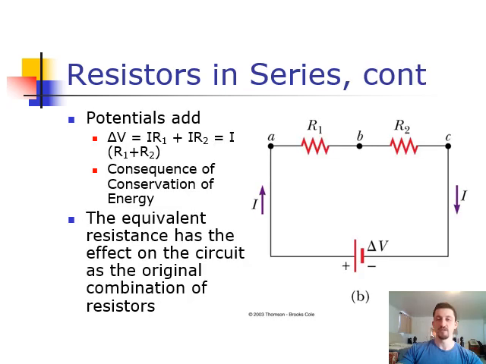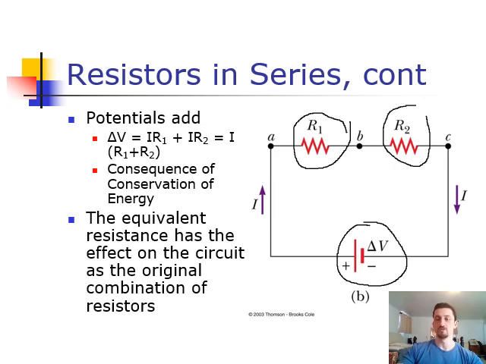Alright, so I just mentioned that for resistors in series, the potentials are going to add. So here's some of the math of what that's going to look like. If we have a delta V from this battery, we know that's going to be equal to IR1, which is the voltage going through this resistor on the left, plus IR2, which is the voltage flowing through this resistor on the right.